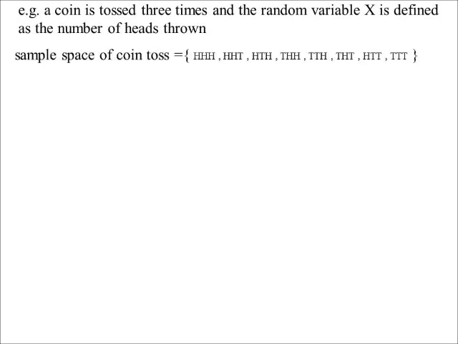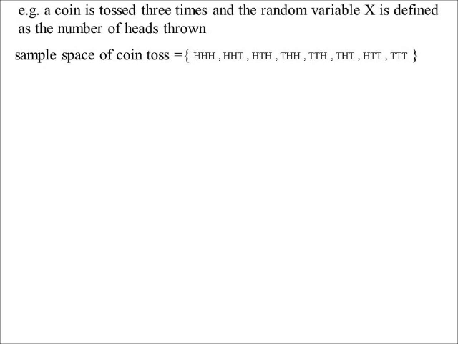So my sample space would consist of all these. I could get head, head, head, head, head, tail, head, tail, head, tail, head, head, tail, tail, head, tail, head, tail, head, tail, tail, or tail, tail, tail. Okay, so that would be my sample space there of all the possible outcomes I could get.